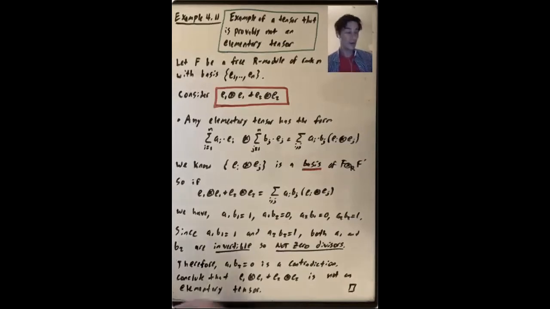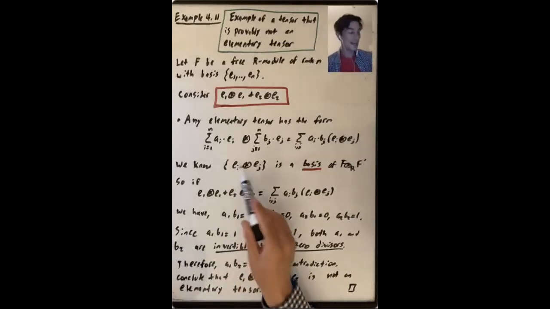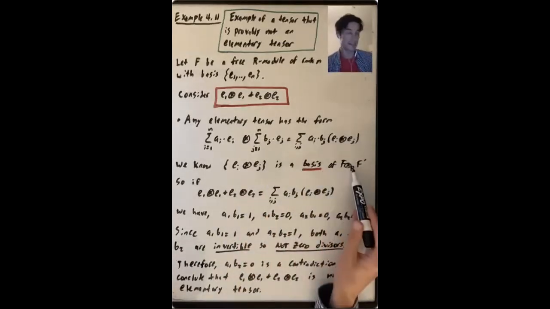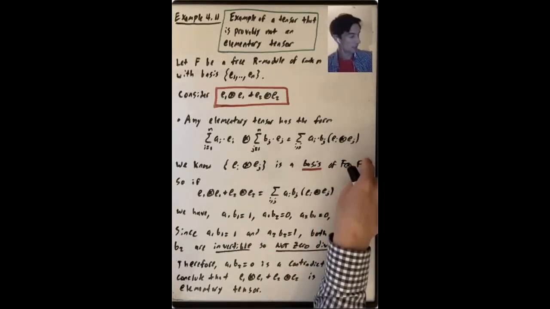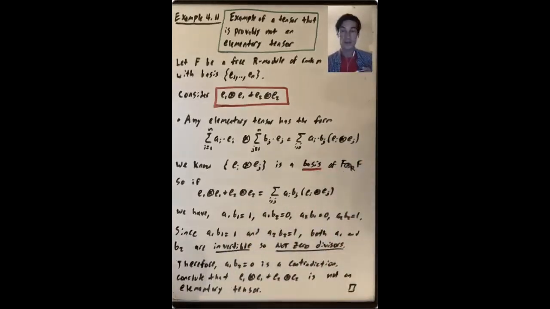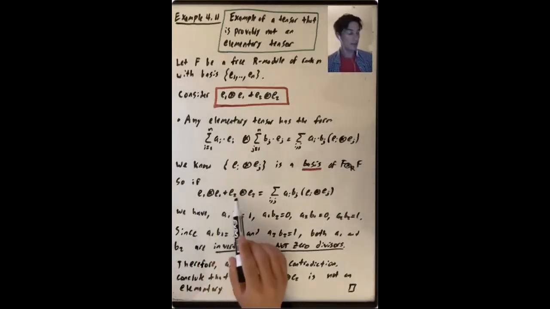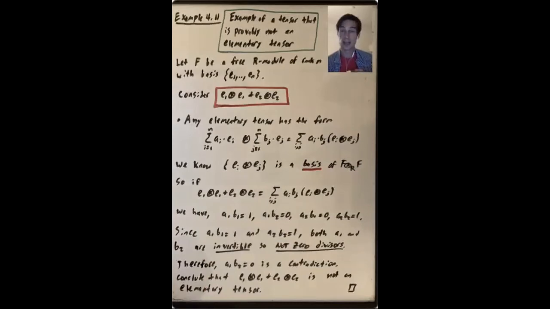And we know from the result that we just proved that e_i tensor e_j forms a basis for F tensor F. So what would it mean for e1 tensor e1 plus e2 tensor e2 to be an elementary tensor? That would mean that this was equal to a sum over i and j of a_i times b_j times e_i tensor e_j for some ring elements a_i and b_j.